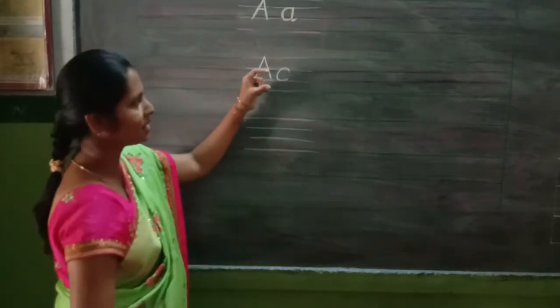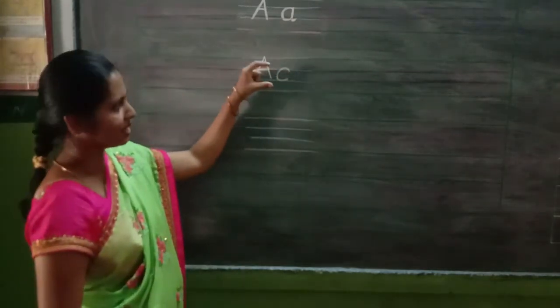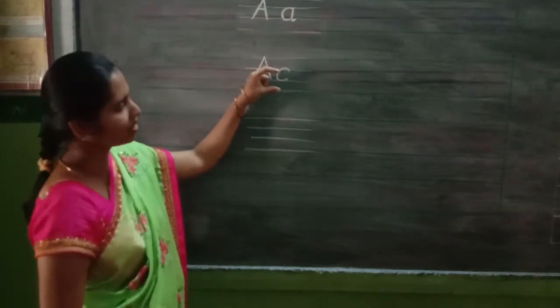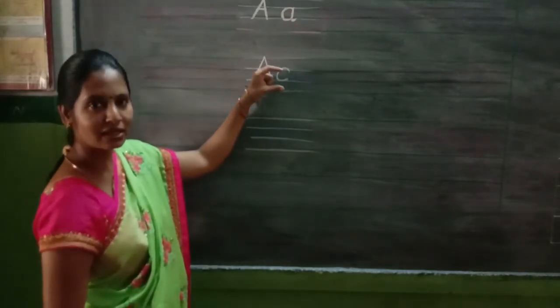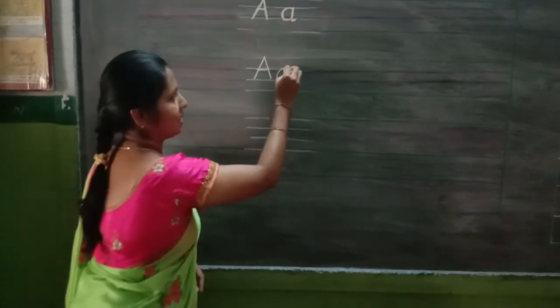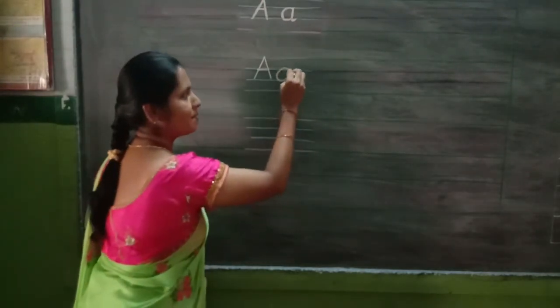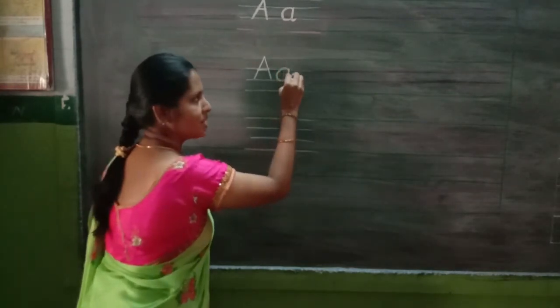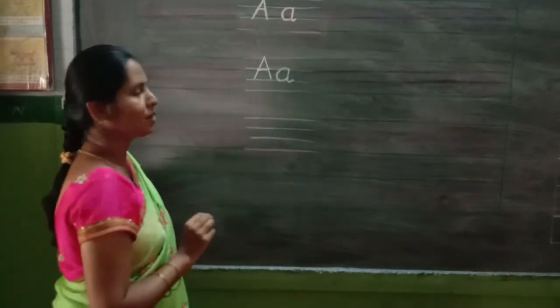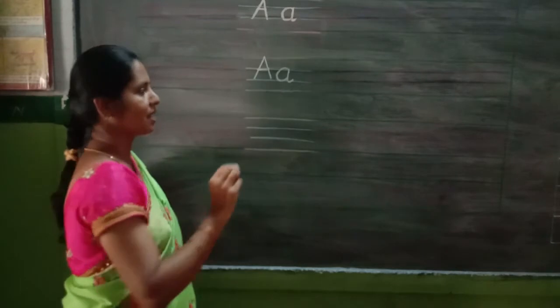How do you write a curve? Keep your fingers curved like this. Yes, curve and go up and come down. This is your baby letter A.